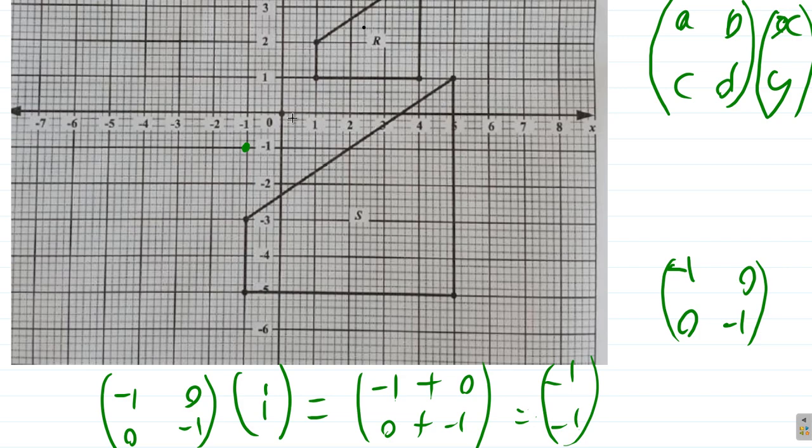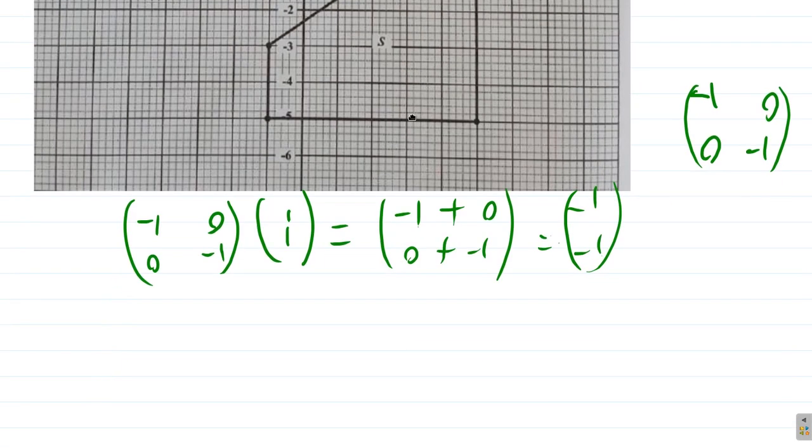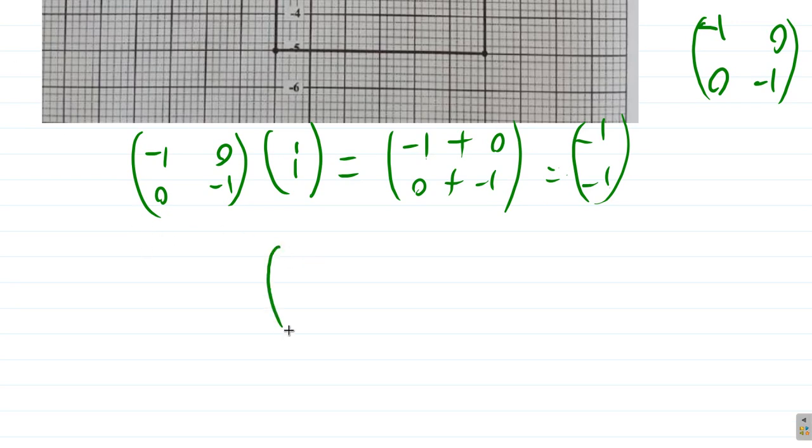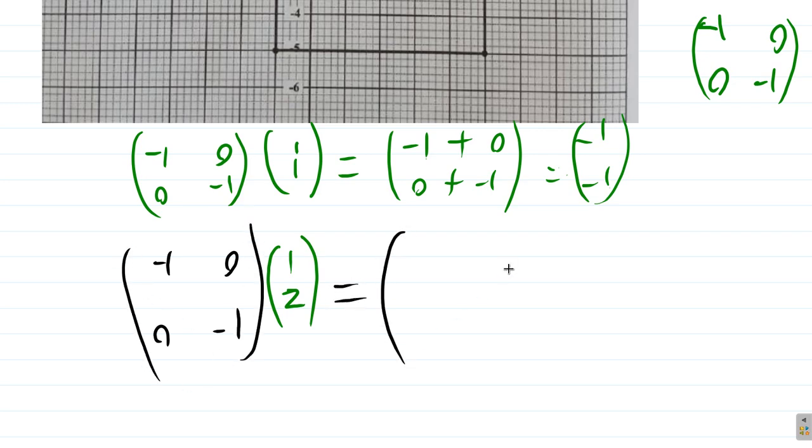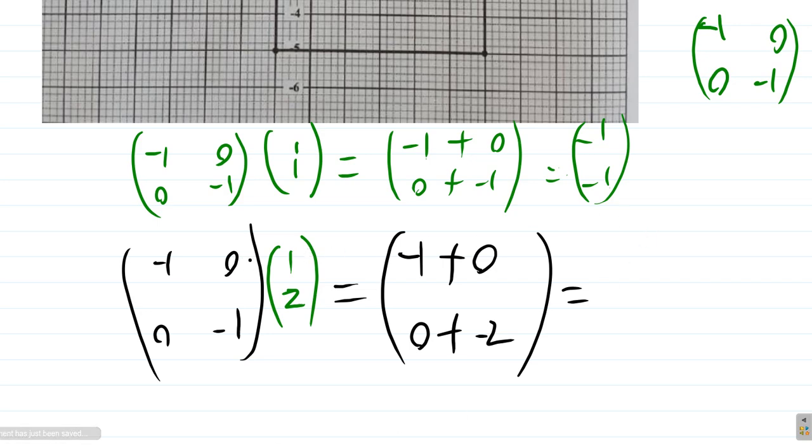This point here is 1, 2. So you work it with 1, 2. So you have negative 1, 0, 0, negative 1. When you multiply these matrices, you're going to get negative 1 times 1 is negative 1 plus 0 times 2 is 0. Negative 1 times 0 is 0 plus negative 1 times 2 is negative 2. Alright? When you multiply the matrices, you have to remember your multiplication of matrices.